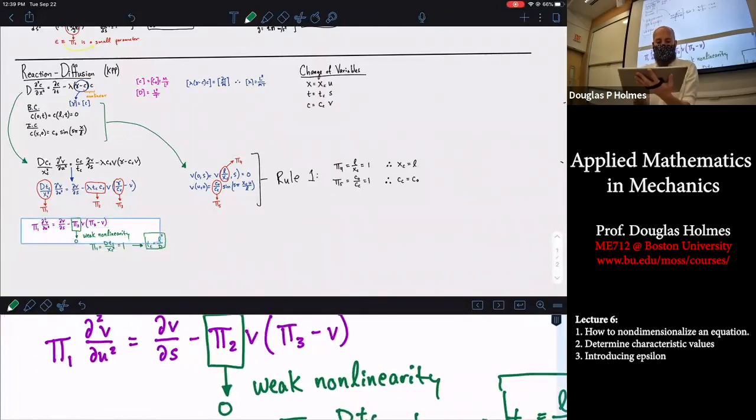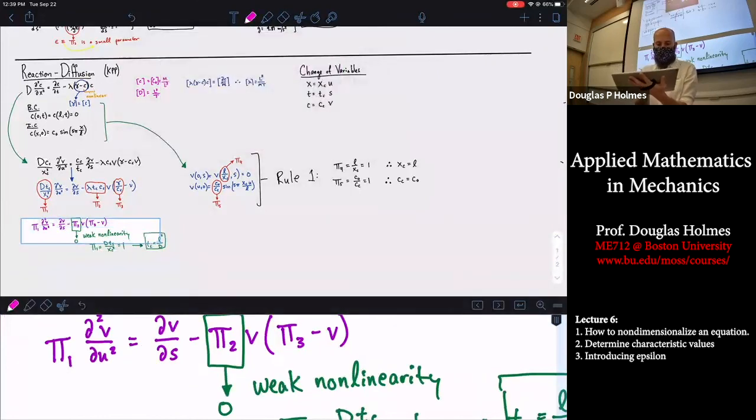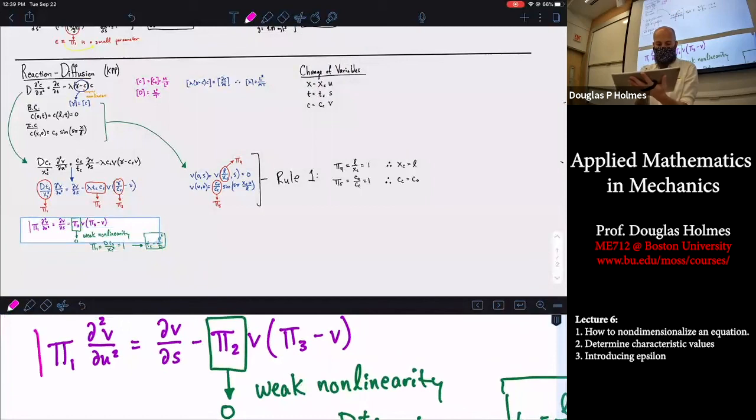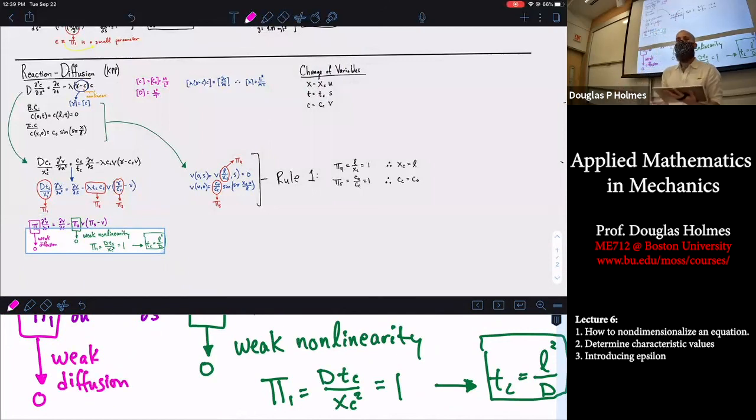The other limiting case, pick a different color for it. Let's go with pink. Is the case of weak diffusion. So if the problem you're interested in, like I said before, has a really long length scale, then diffusion is going to happen really slowly compared to the other parts of your problem.